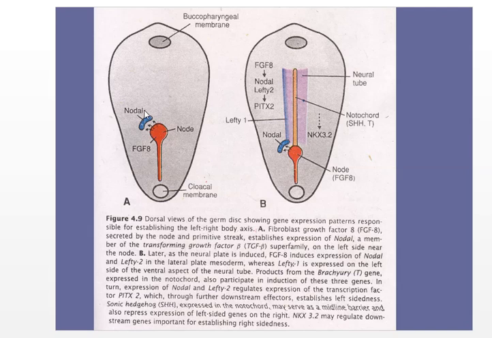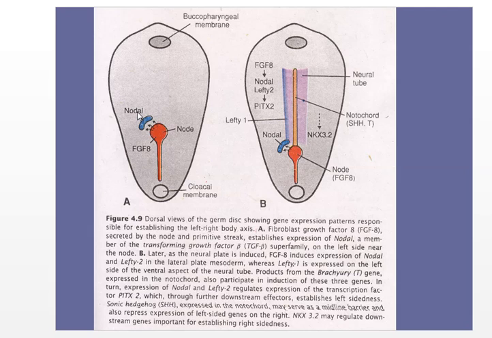One of them is that the cells that cover the node have cilia. These cilia usually beat to the left side, and when nodal comes to the left side, in the left side we have a high concentration of serotonin, and this serotonin causes limitation of nodal to the left side.